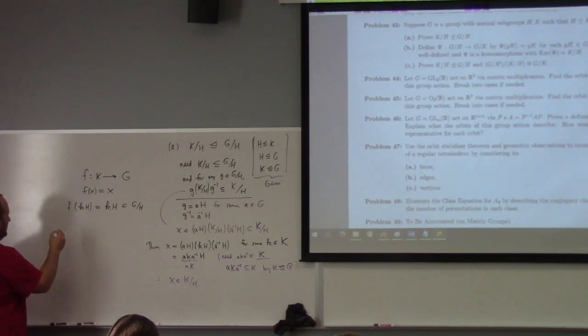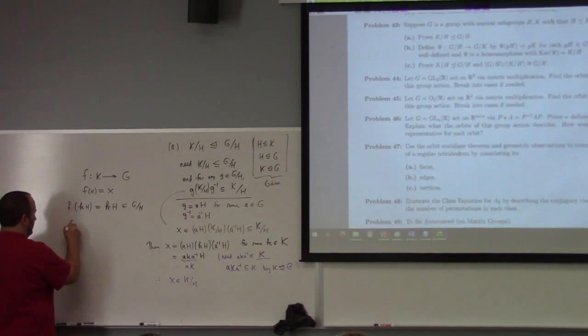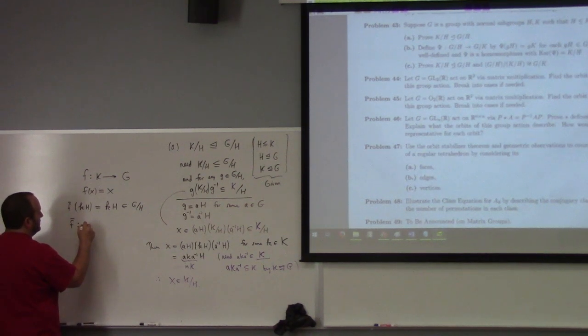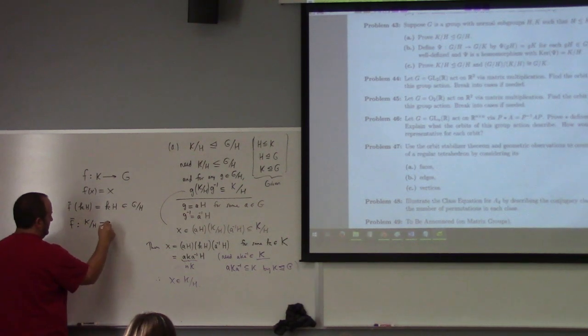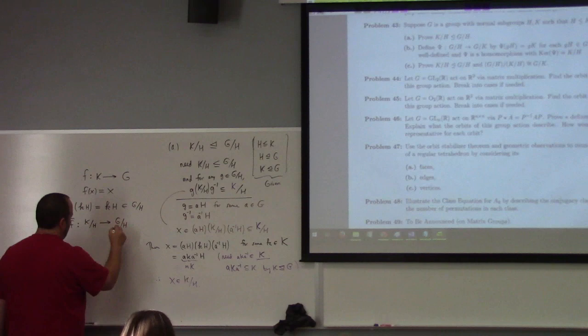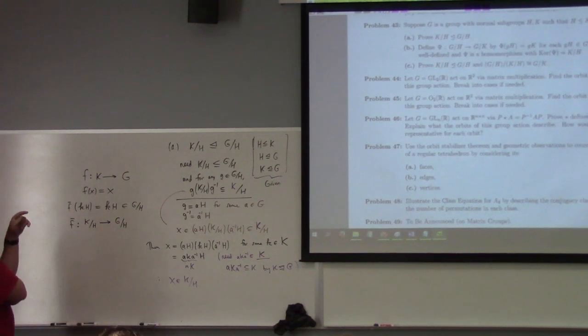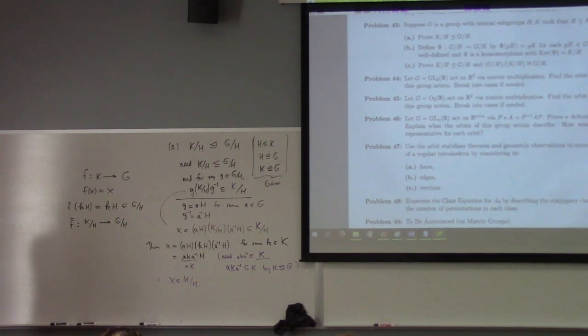I think F bar is a homomorphism from K mod H to G mod H, yeah? Is K a supergroup of H? Yeah, K is a supergroup of H. Does that make sense? I think it's a homomorphism.